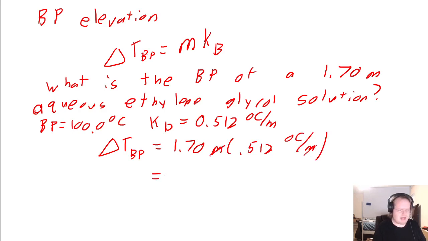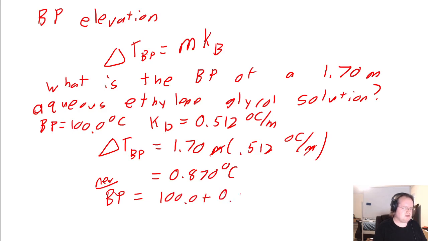And it's going to be elevated by 0.870 degrees Celsius. So our new boiling point is going to be 100.0 plus 0.870 degrees Celsius, which we're going to round to 100.9 degrees Celsius.